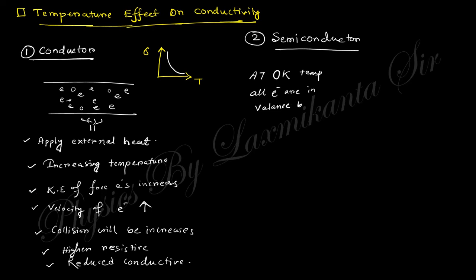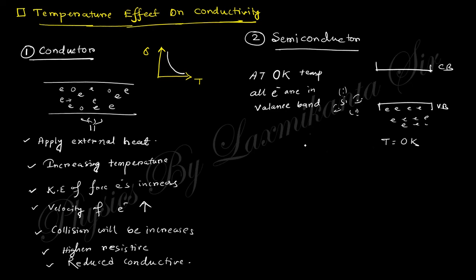That means this is the conduction band and this is the valence band. All electrons are here, in the valence band. The structure is actually a tetrahedral structure of silicon in all directions. So there is no electron outside the valence band at 0 Kelvin temperature.